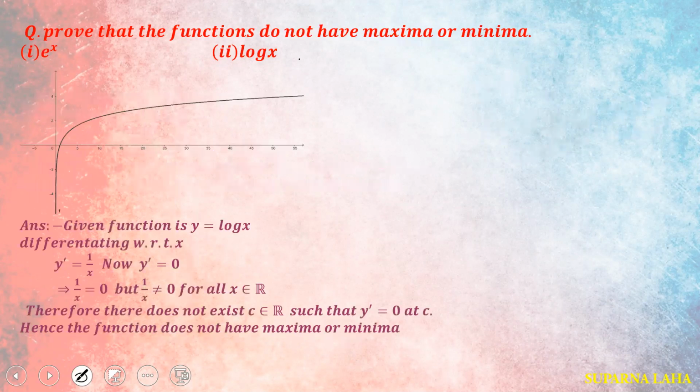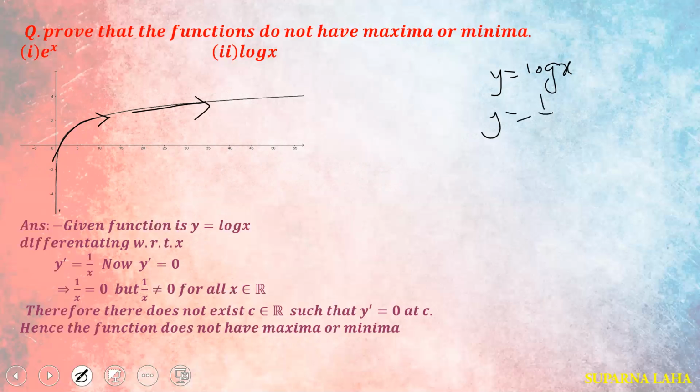Similarly you can check log x. Firstly check its graph. It looks like this, moving like that. Now if we differentiate the function y equals log x, the differentiation of log x is 1 upon x. Now 1 upon x is always a non-zero quantity.